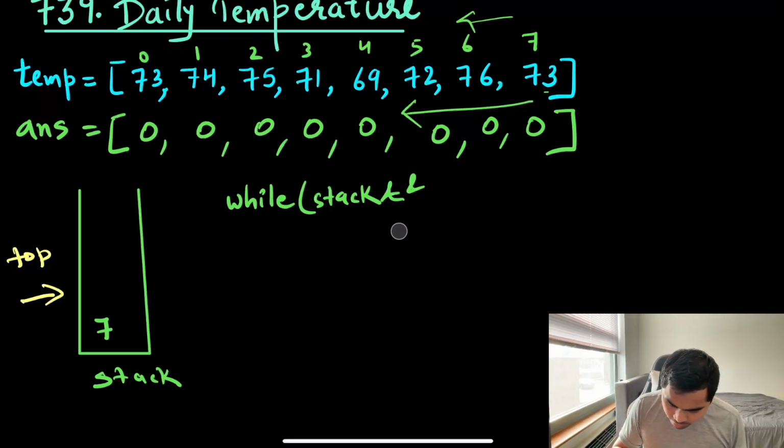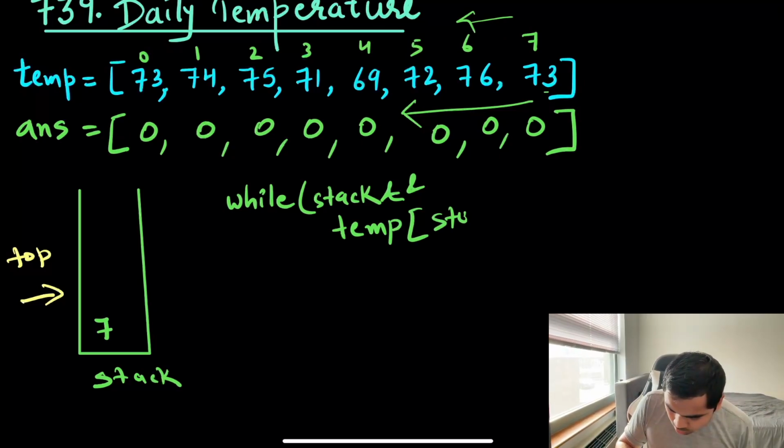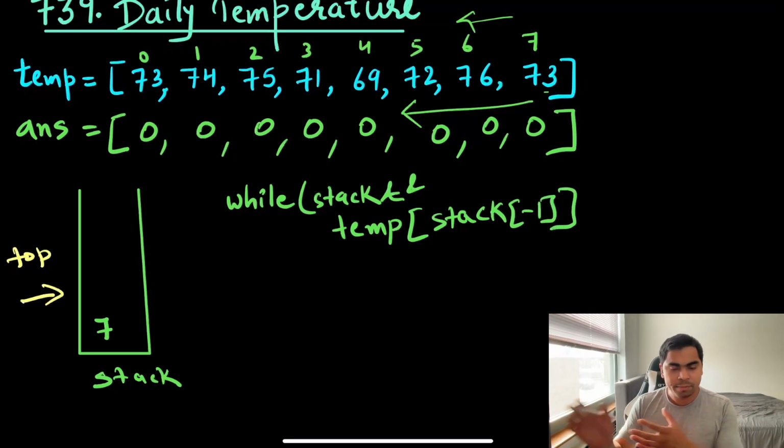So it will be outside. I can find out the temperature while stack, and stack top is the index of the last temperature that I just saw, or all the temperatures that I've seen and have appended to my stack, so I can access this.